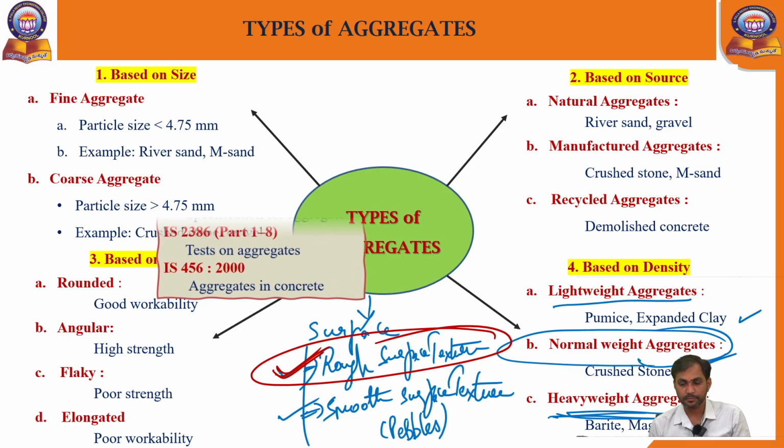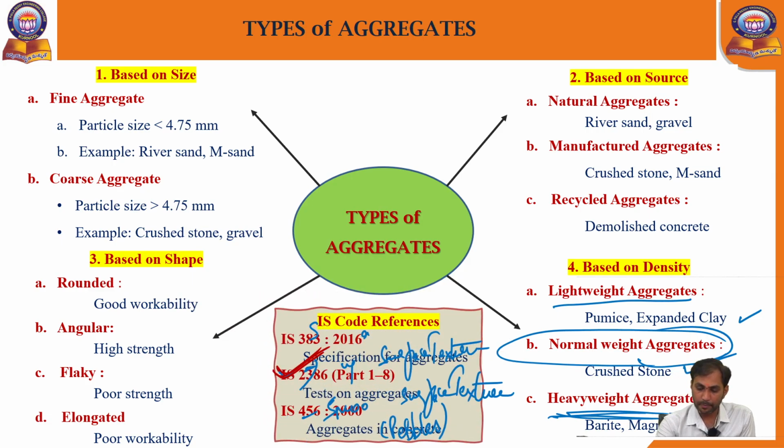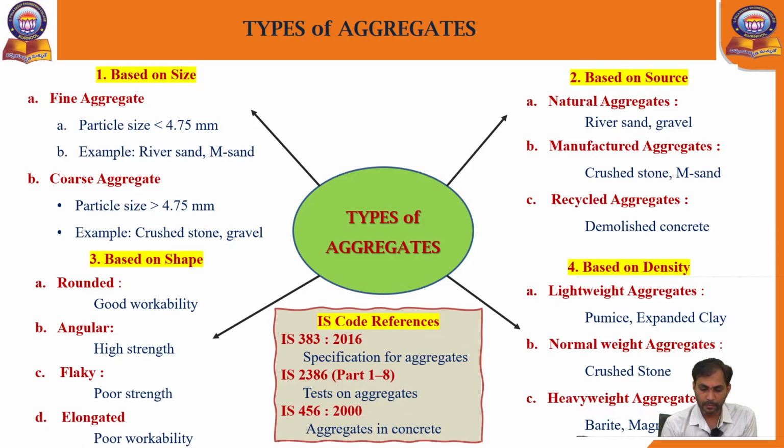Okay, next, coming to the aggregates, there are code books. As per Indian Standard IS 383:2016, we can refer to the specifications of aggregates. Next, IS 2386 part 1, part 2, part 3, part 4, part 5, part 6, part 7, part 8.